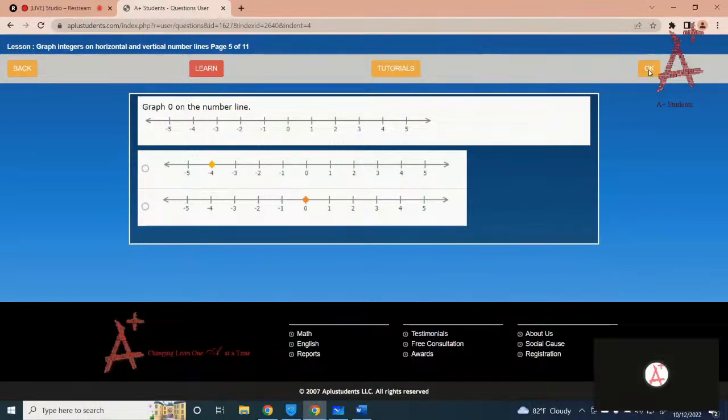No, how? The first one, see, here is negative 4. The first one represents negative 4. You have to look for the one that represents 0. So here is the 0. This one represents a 0. Got it? So the correct option is the second one. Select the correct option and click on the OK button.